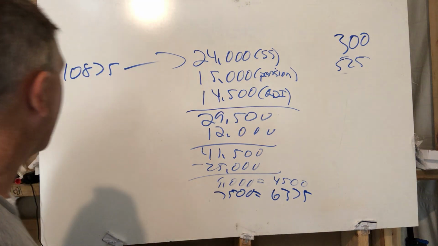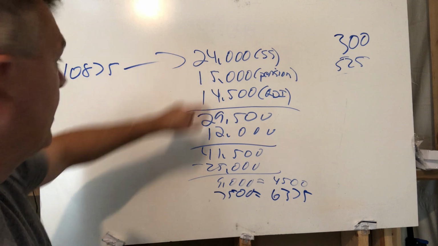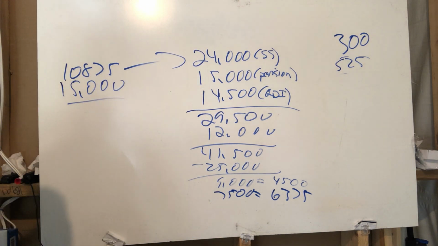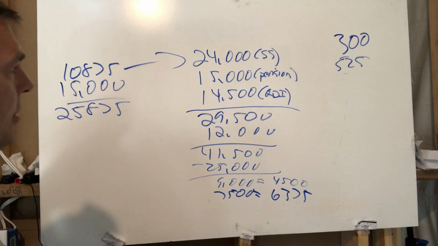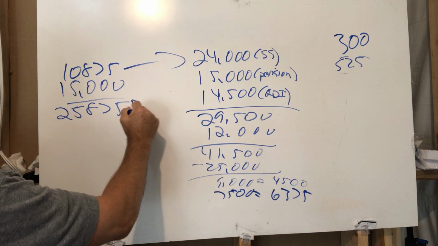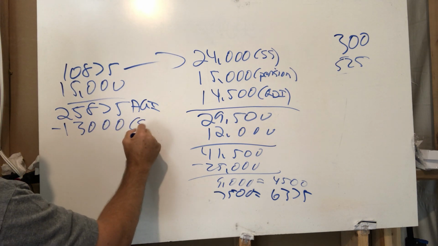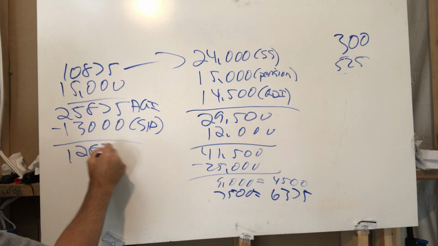All right. So now almost half of his Social Security is subject to taxation, plus that pension, that's going to be 25,875. Yeah, he'll still be in the 12% tax bracket, because that's your AGI. And we subtract $13,000 for his standard deduction, and we get $12,875.